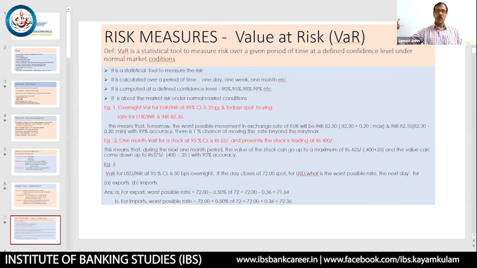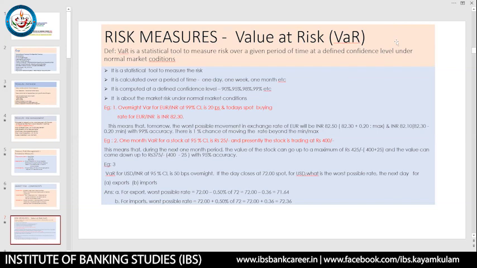Now for an exporter, what is the risk? Means he is getting less amount or he is incurring a loss. That is risk. Suppose the rate is going up, is there any risk for the exporter? He is getting more. So for an exporter, the risk is maximum, he will get 71.64. And what is it for an importer? The importer is going to the bank, he wants to buy and the bank is going to sell. Today the rate is 72.